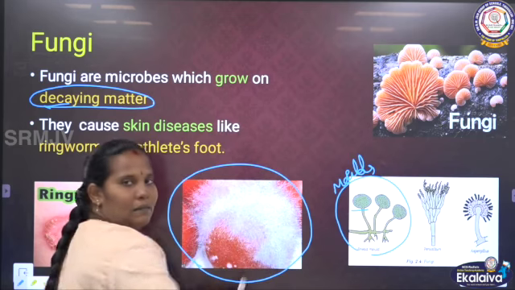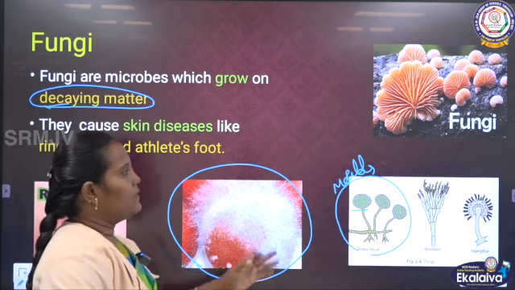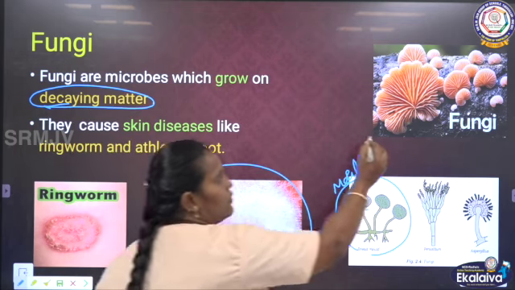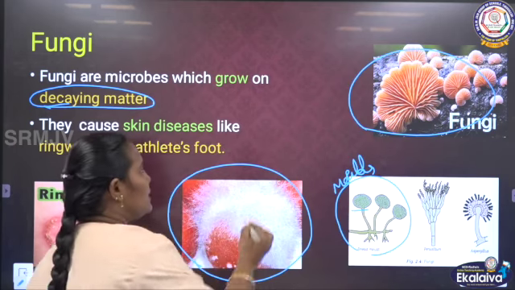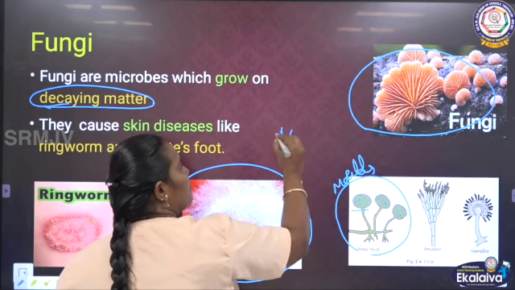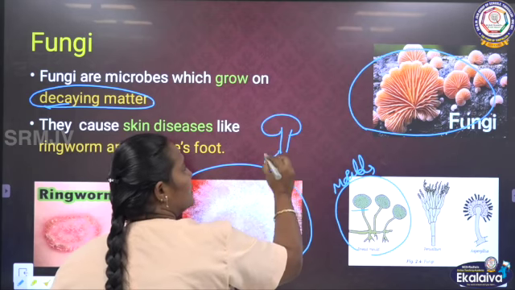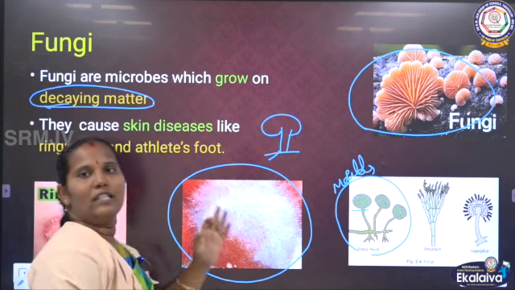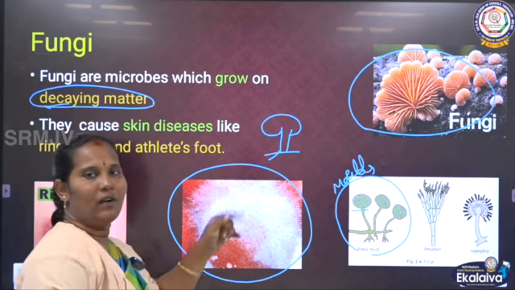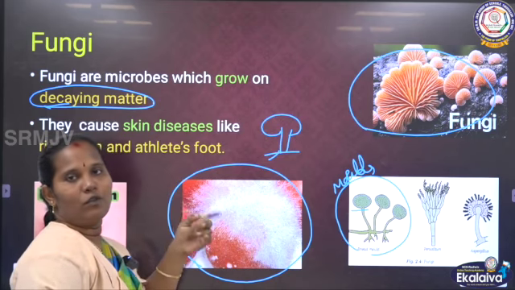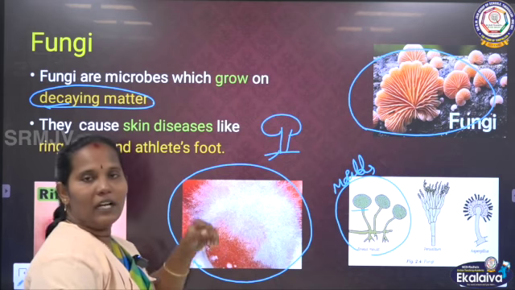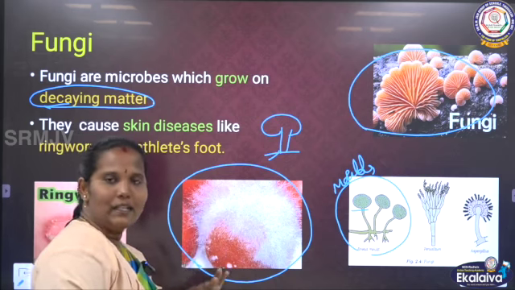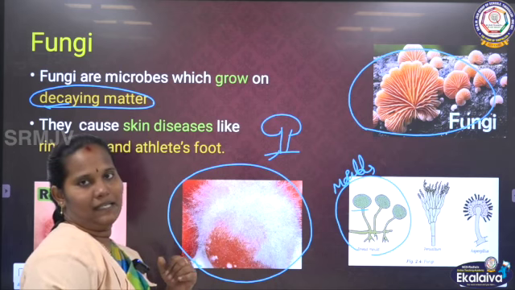Molds are the buds of the fungi. Next, the structure of fungi: we can see mushrooms in warm places. Actually, the mushroom is a multicellular fungi. We saw that protozoa and bacteria are single celled, but fungi can be either unicellular or multicellular.